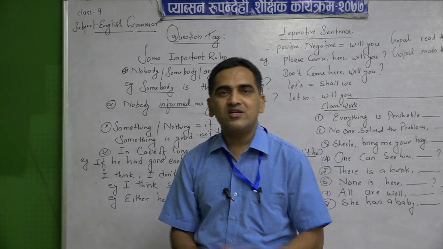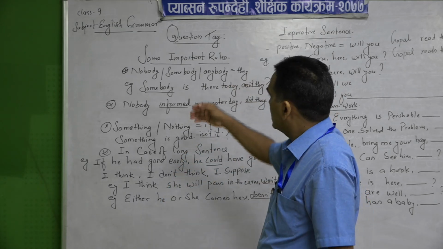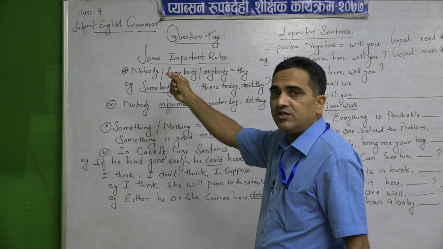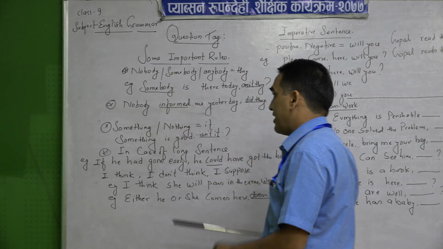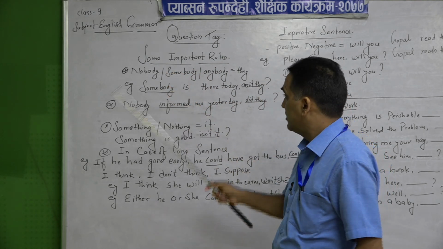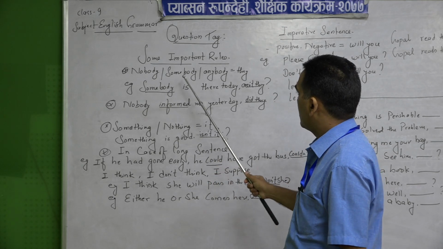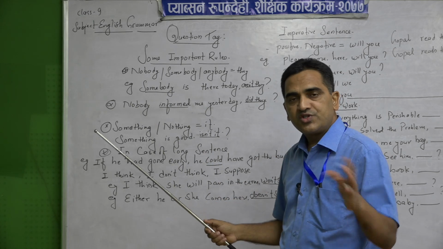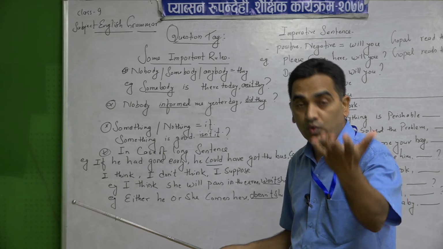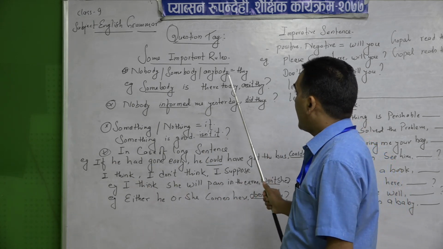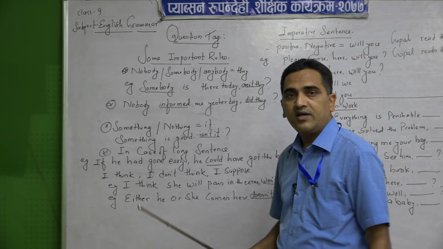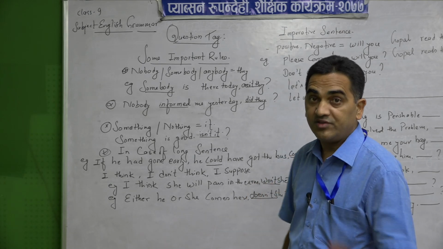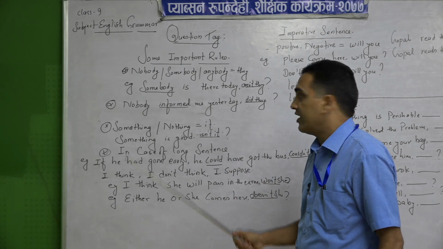My dear students, when you see words like nobody, somebody, anybody, anyone, no one in an assertive sentence, we write the pronoun they as the subject. These words change into they.